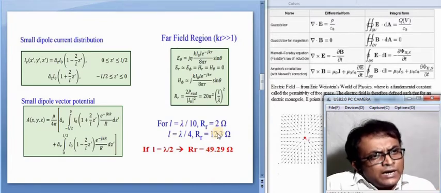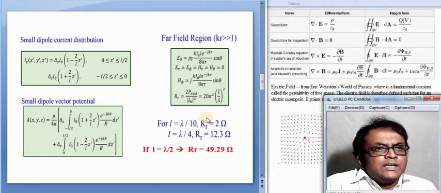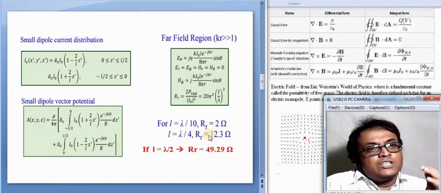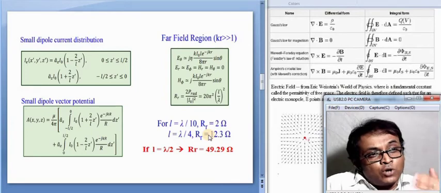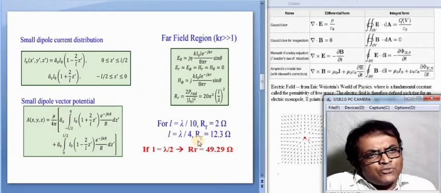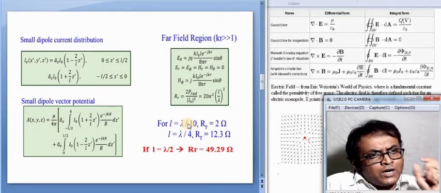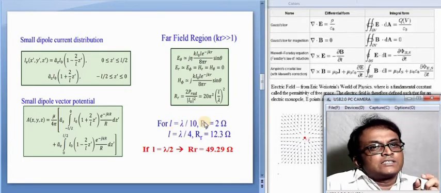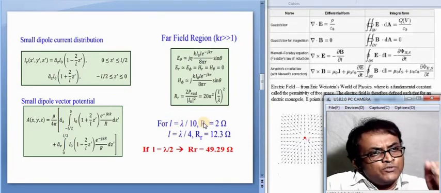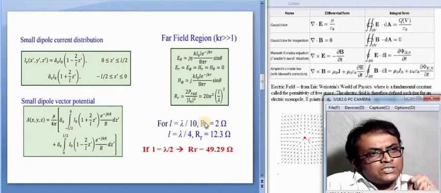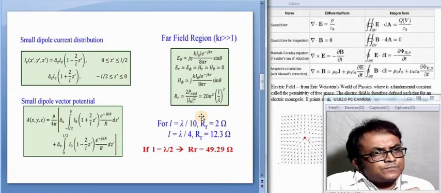It is also observed that the better the radiation resistance, the higher and better the efficiency of the antenna will be. Therefore we can see that small or short antennas definitely radiate, but their radiation efficiency will be very low because of the low radiation resistance. This is our first inference here.